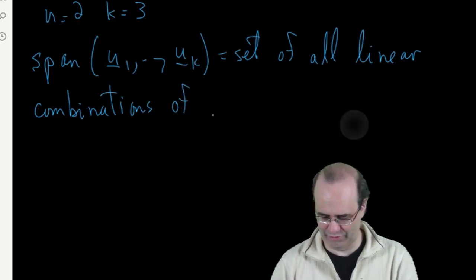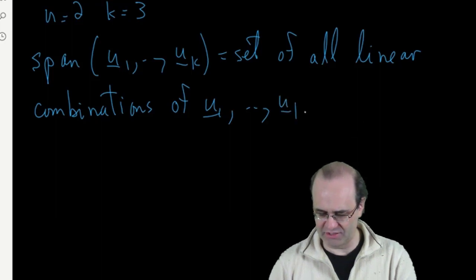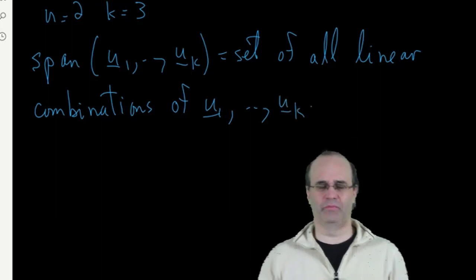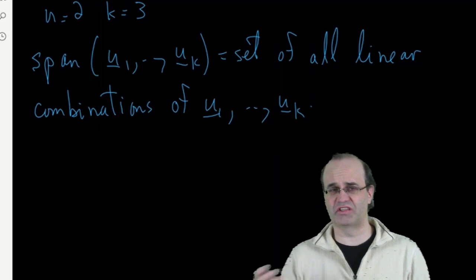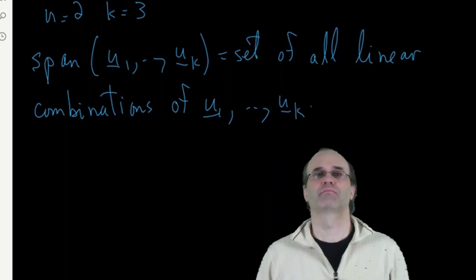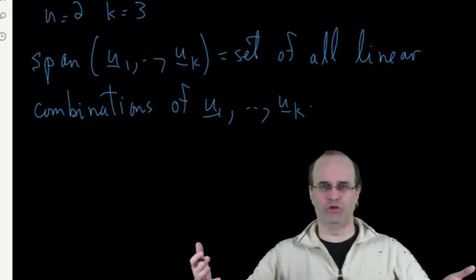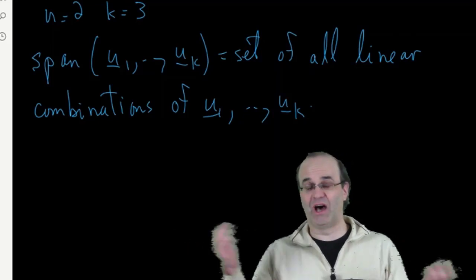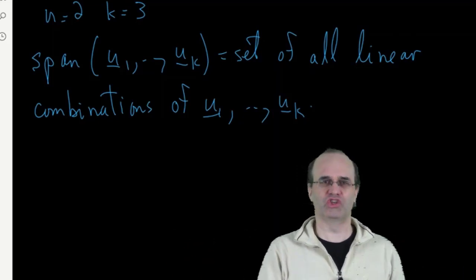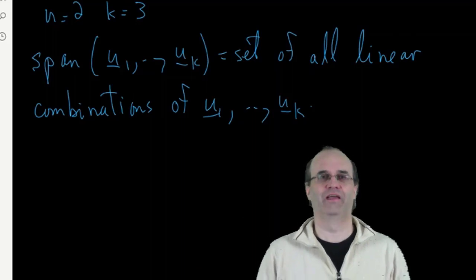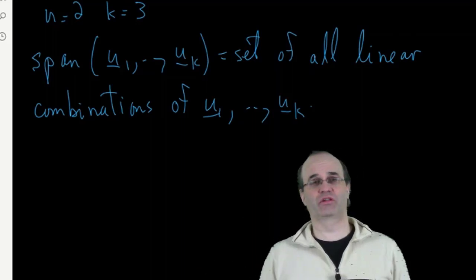So if k is 1, a linear combination of just u1 is just a scalar multiple of u1. And if we look at the set of all scalar multiples of u1, what we get is a line going through the origin, 0, and having u1 as a direction vector.